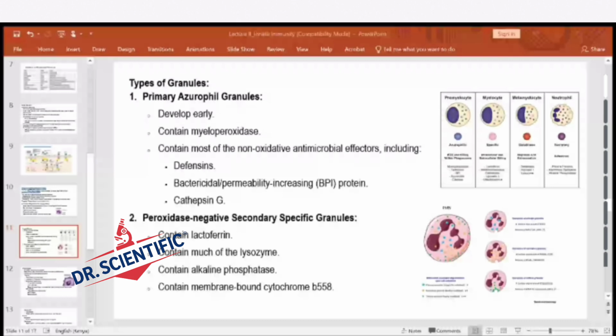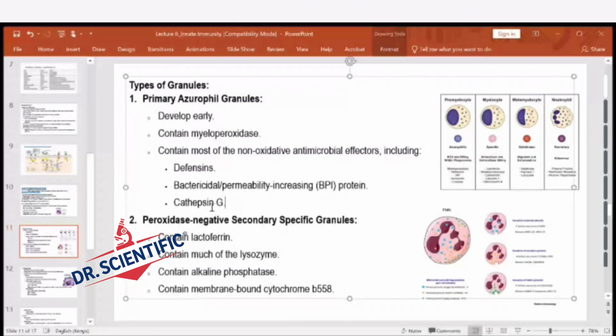I think it's aspartate. It focuses on aspartate, and many others, cathepsin H, cathepsin J, cathepsin L. So we have different types of cathepsins, but just like I've talked about PRRs, a cathepsin is just a protease. A protease is an enzyme that cleaves proteins.